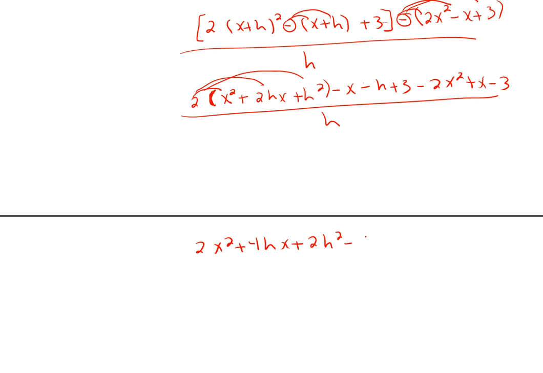And then minus x minus h plus 3 minus 2x squared. So I'm just rewriting everything else from that numerator.